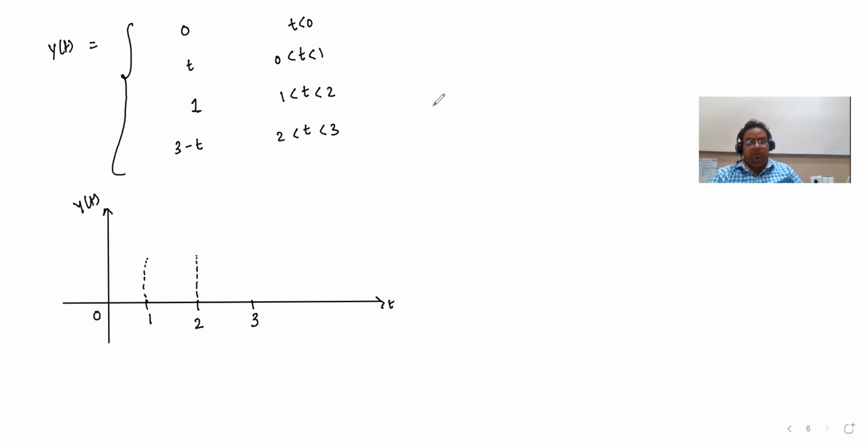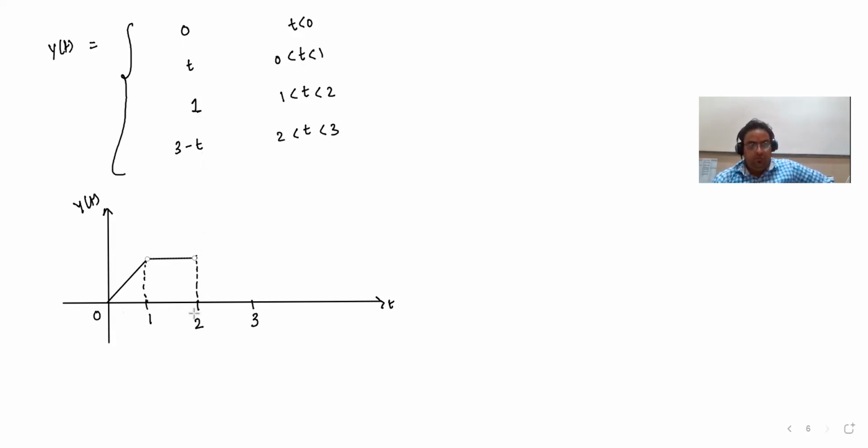We can see that from 0 to 1, y of t is simply equal to t. Before 0 it was just 0. From 1 to 2, this is simply 1. And from 2 to 3, this is 3 minus t.